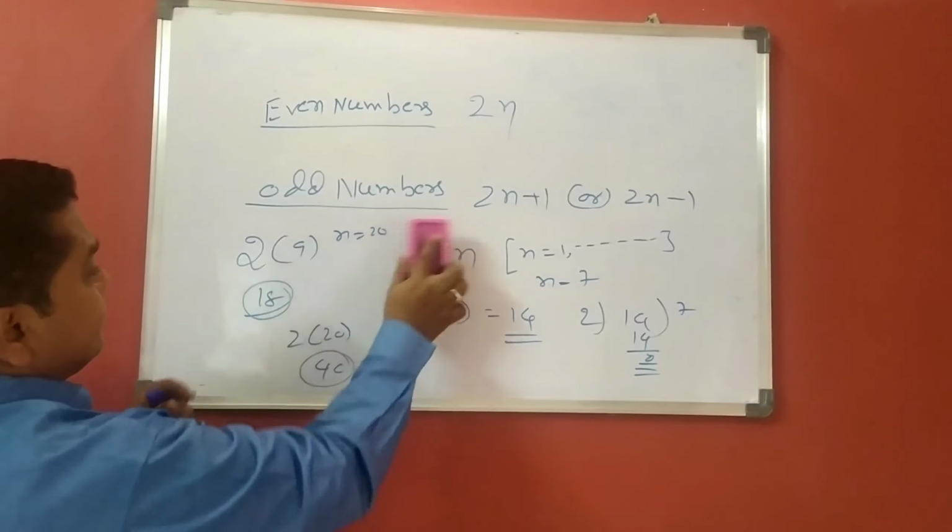For example, 6 has how many factors? 1, 2, 3, 4. 4 factors. Now what about 12? 1, 2, 3, 4, 5, 6. 6 factors. We have to observe the numbers below 6: 1, 2, 3, 4, 5. If any number doesn't have 4 factors, for example 4: the factors of 4 are 1, 2 and 4, only 3.